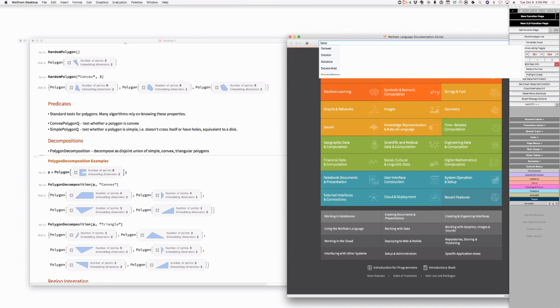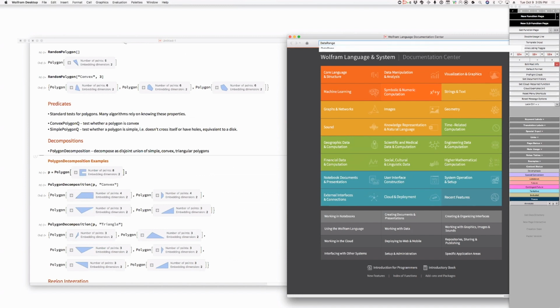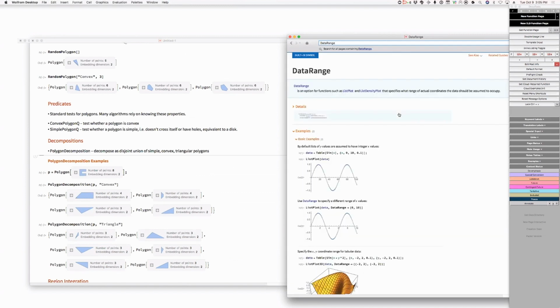Yeah, I see that. And there's something horribly wrong with the autocomplete itself. Data range was introduced originally for viz functions. What range of actual coordinates the data should be assumed to occupy? Yes. That's not unreasonable here.